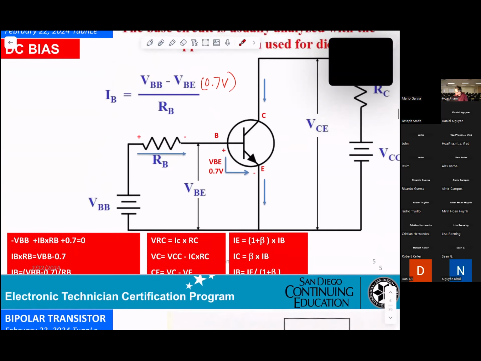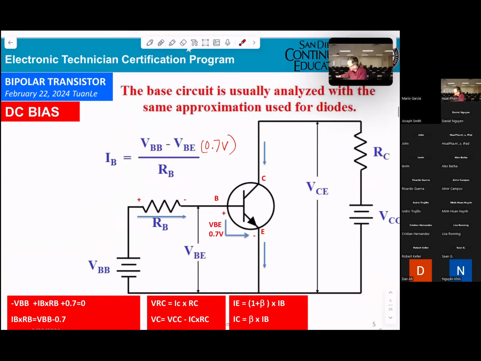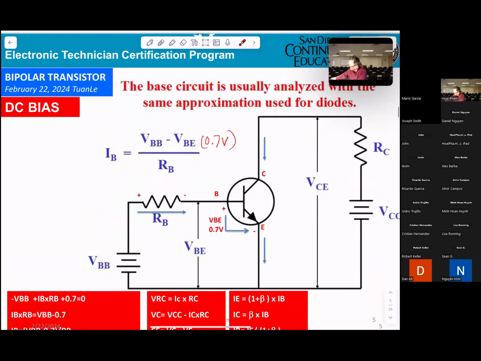Right there, at the bottom right in red, where you got IB equal IE divided by parentheses 1 plus beta. Can you go over that real quick? Okay, now I tell you.